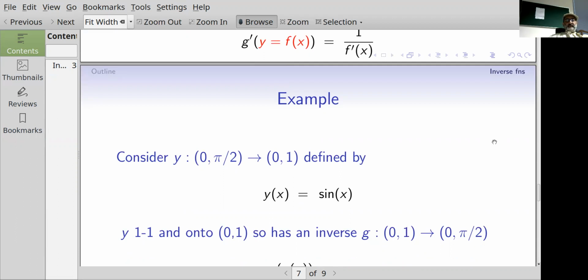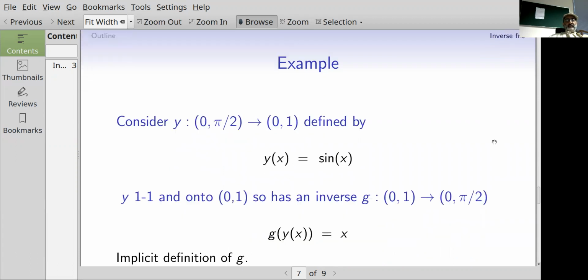The inverse of y will go in the opposite direction, so it will map 0, 1 to 0 pi over 2. Okay, let's start with this expression that we had before, that g of y of x is equal to x, where x is in the interval 0 to pi over 2. That gives an implicit definition of g.